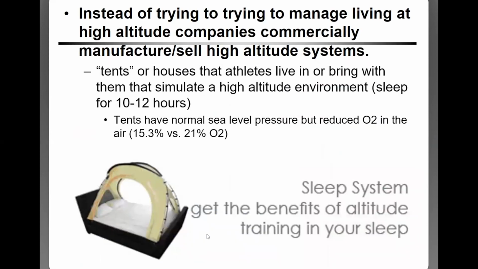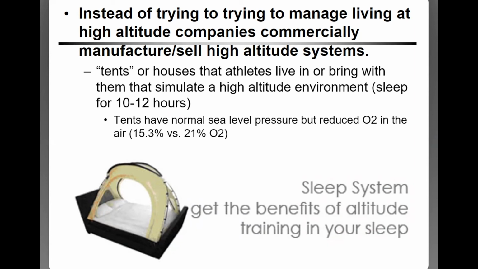So athletes and coaches have been playing with living high, living low, training high, living low, different combinations of this to try and maximize the amount of erythropoietin and red blood cell production. One of the best ways to improve performance is to have your athlete train low and sleep high.